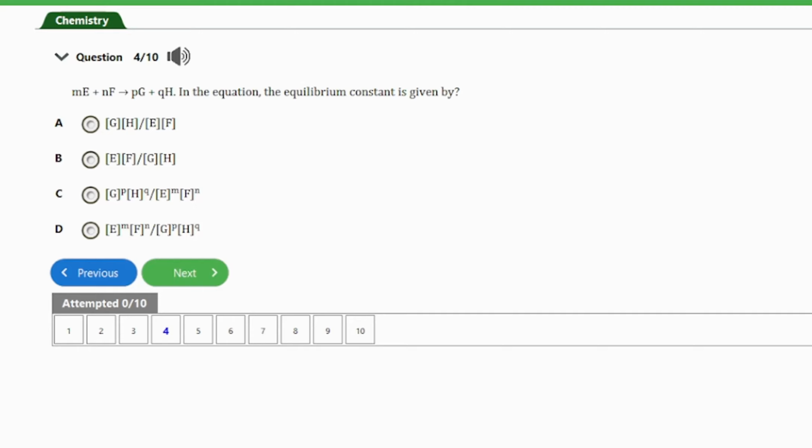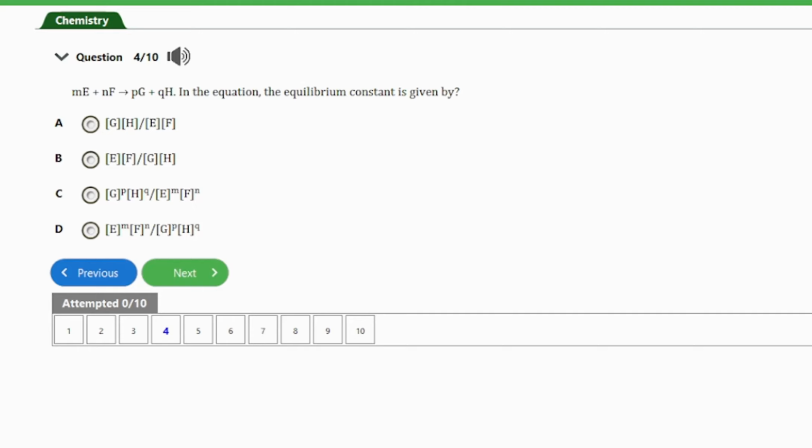So guys, the answer to this question is option C here. The equilibrium constant of a reaction is given by the ratio of the concentration of the products to the concentration of the reactants, each raised to the power of their stoichiometric coefficients.